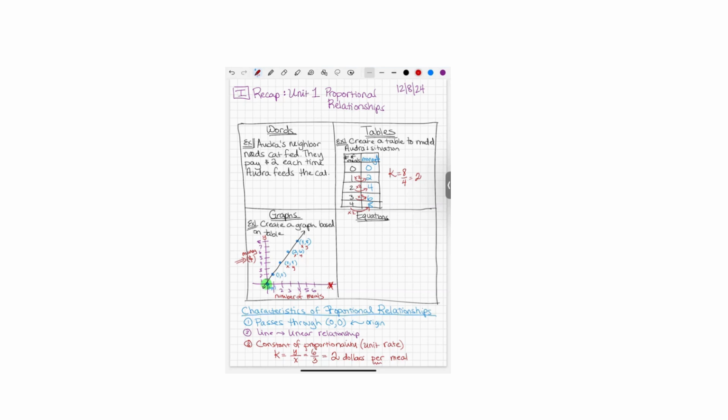Okay. Now, last on our list, we got to deal with equations, and proportional relationships have an equation that usually looks something like this. We got y equals k times x. And k, she's our trusty constant of proportionality, or our unit rate.